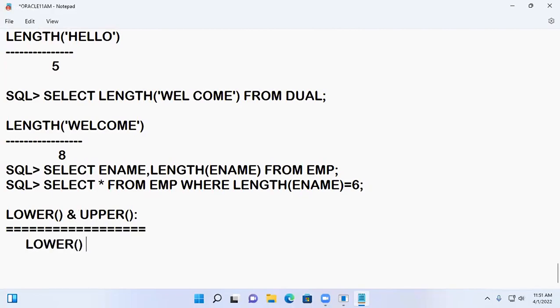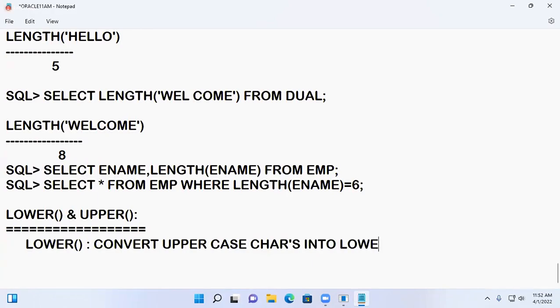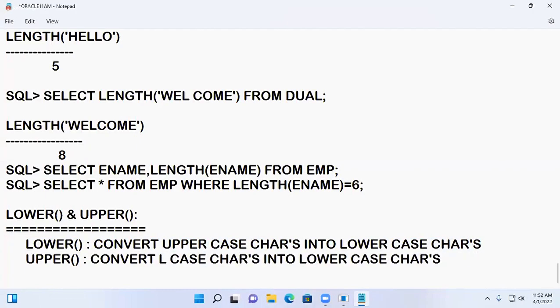This function will return or convert uppercase characters into lowercase characters. So this is the lower function. What about the upper function? The upper function is quite the opposite of lower. What it will do is convert lowercase characters into uppercase characters, quite the opposite.